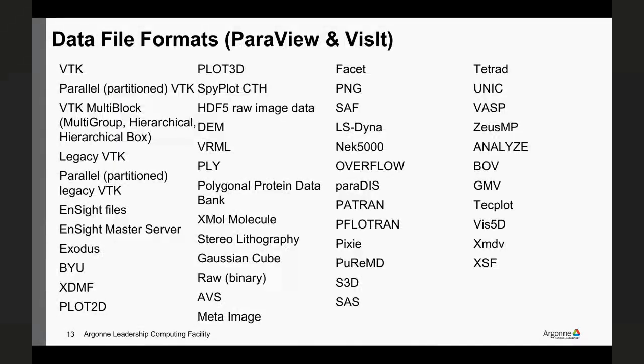Like I said, this is not an exhaustive list, but just an overview of some of the things that are available in these tools. And of course, like I mentioned, there are ways that you can write custom readers to read data if your data happens to be in a format that doesn't already have a built-in way for getting it into these tools.